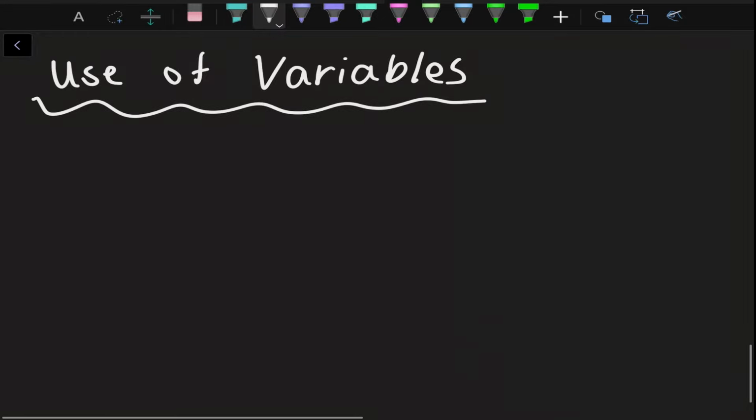Okay, so we frequently use letters in mathematics because they allow us to calculate quantities using formulas over and over again.